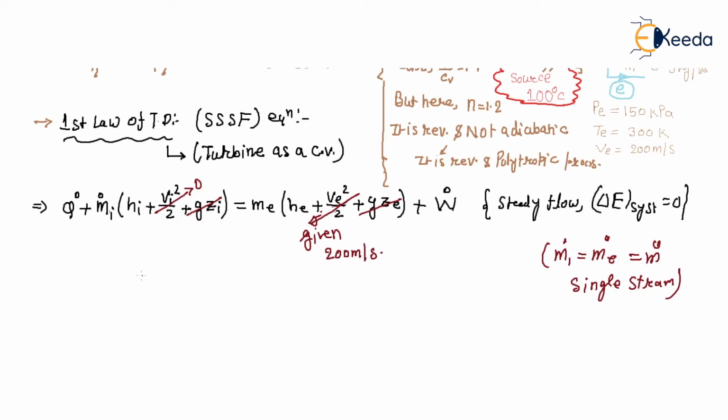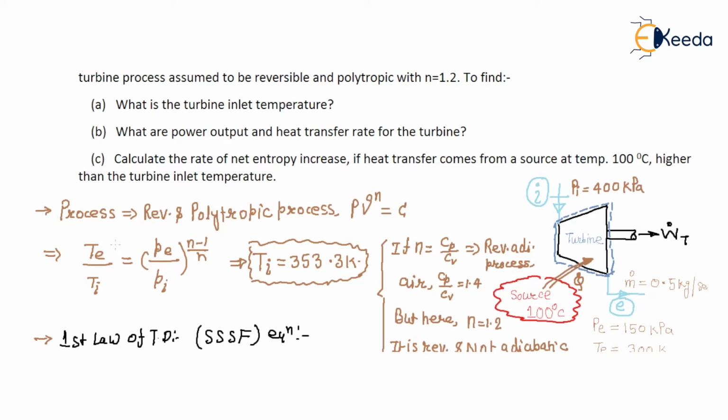We take air as an ideal gas, and the temperature range is 353 to 300, so there is a low temperature range.